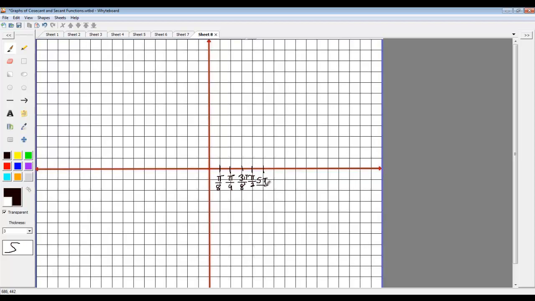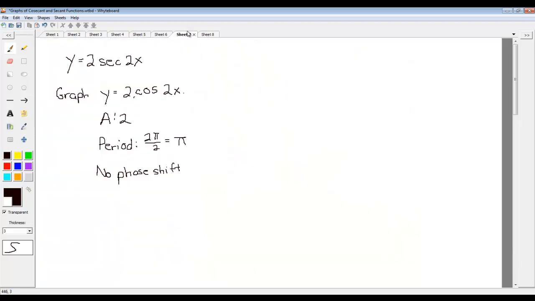This time I'm going to label better because it really helps me to see things visually when I have it all labeled. Okay, we'll go the other direction too. Alright, it's amplitude 2, period of pi.